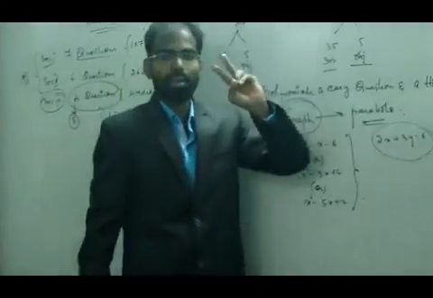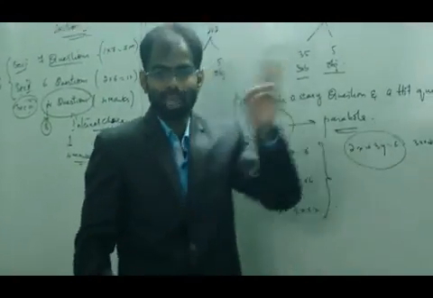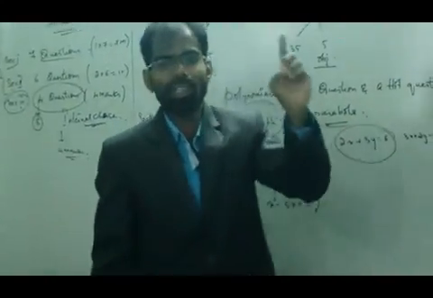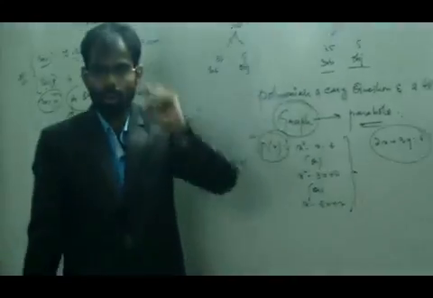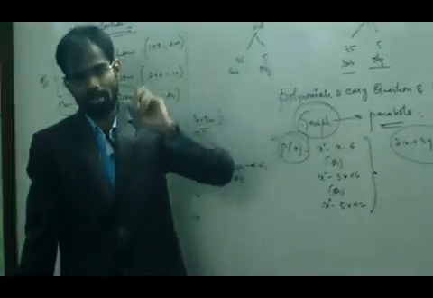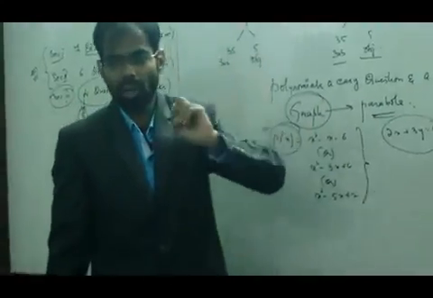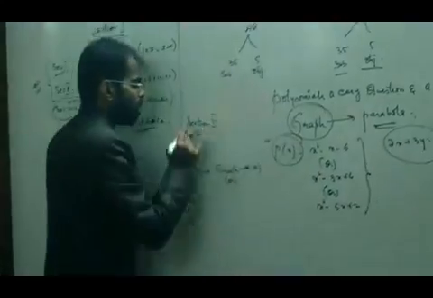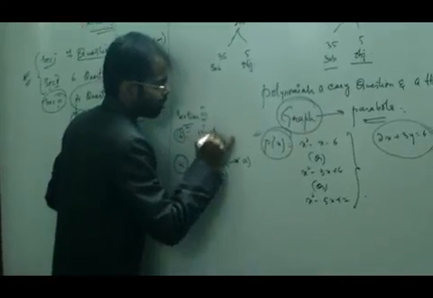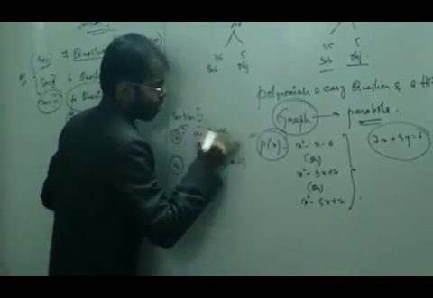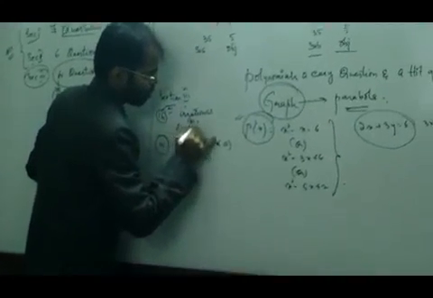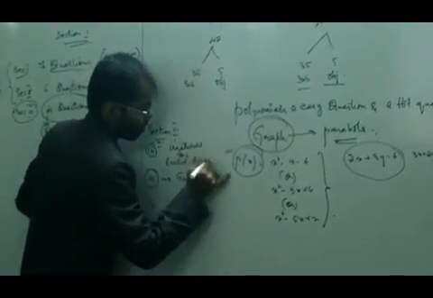Like there are some twins in the first chapter. They are the twins: Euclid division lemma or irrational numbers. Either irrational numbers or Euclid division lemma.